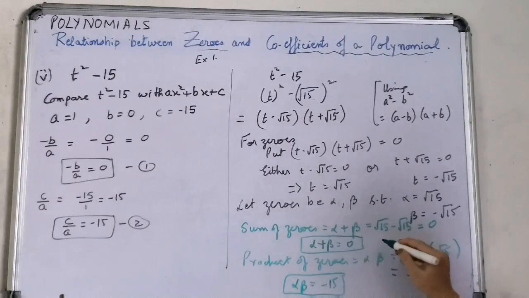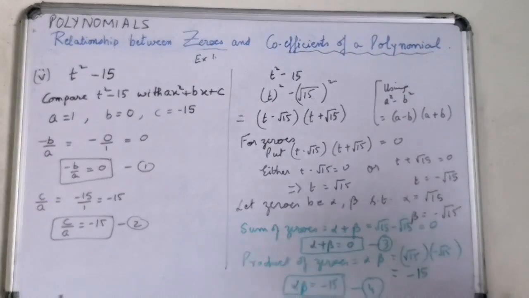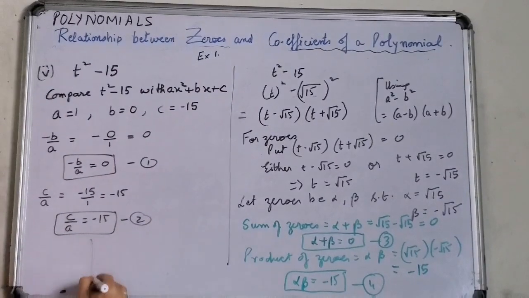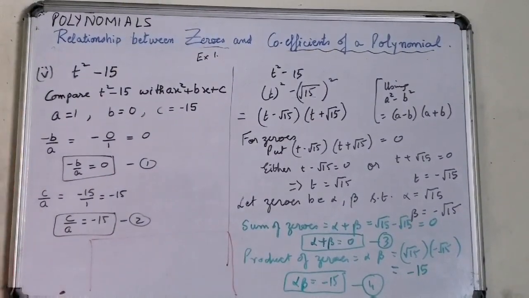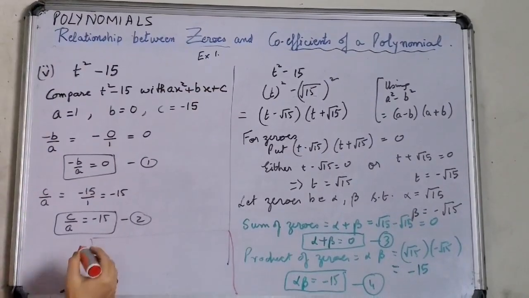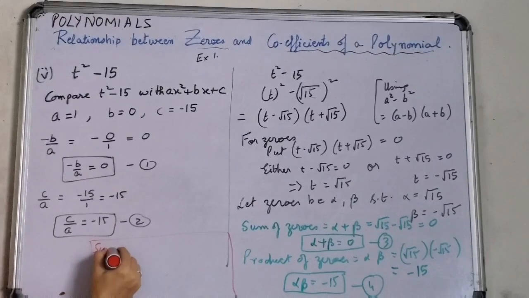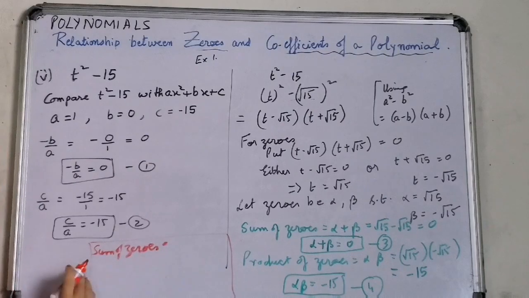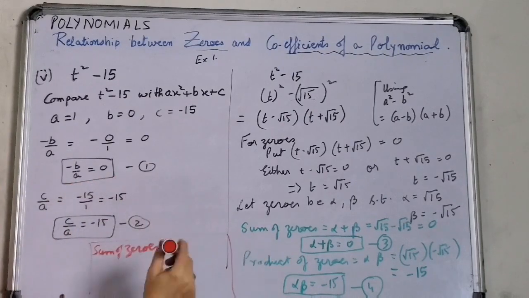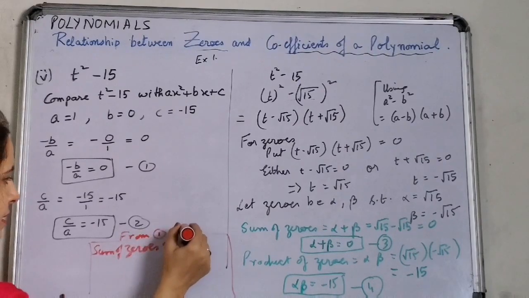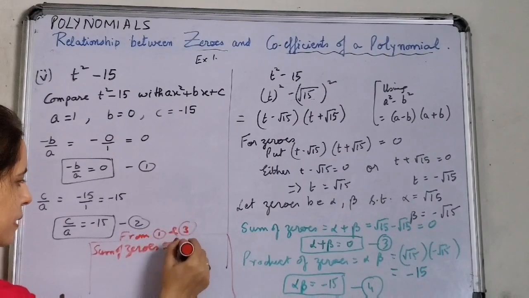Now compare equations 1, 2, 3 and 4. Let's see if we get the same result as we've been getting earlier or not. So what do we get? Sum of zeros, from equation 1 and equation 3, sum of zeros is equal to minus b upon a, right?